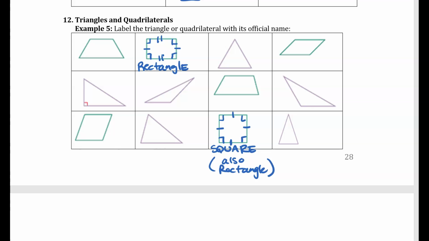And then there's another 4-sided figure that's similar to a rectangle and square, but it looks just a little squished, like it's tilted, and that would be the parallelogram. So this up here, top right, this would be a parallelogram. A parallelogram is a 4-sided figure, so it's got 4 sides, and opposite sides are parallel.